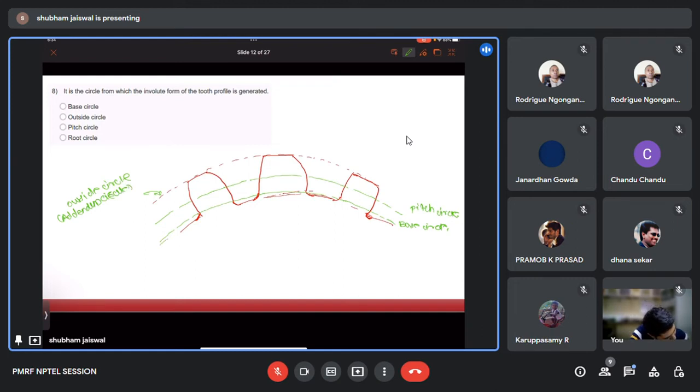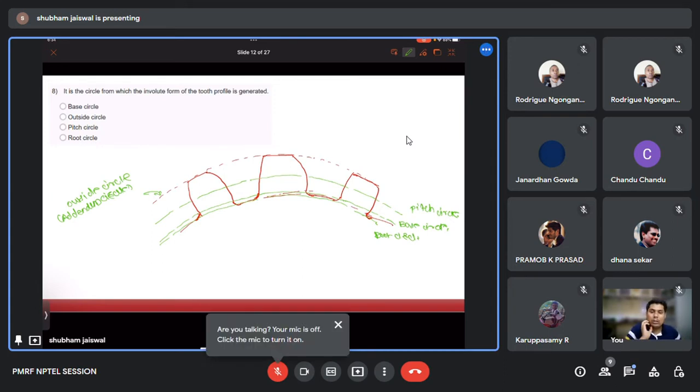And we will have one more circle, that is the root circle. Okay. So the involute profile is generated from the base circle only, and it is fixed and unalterable.